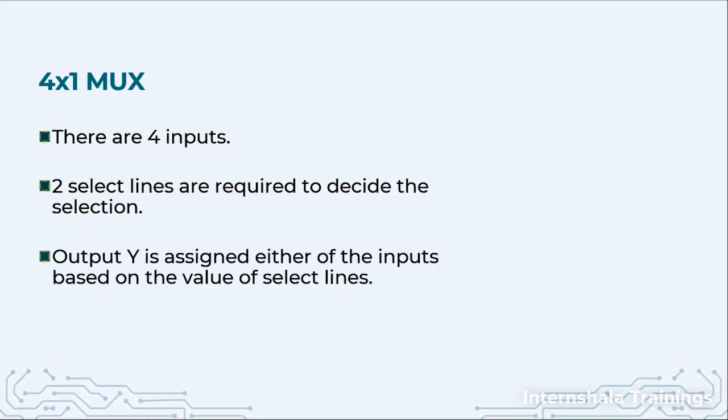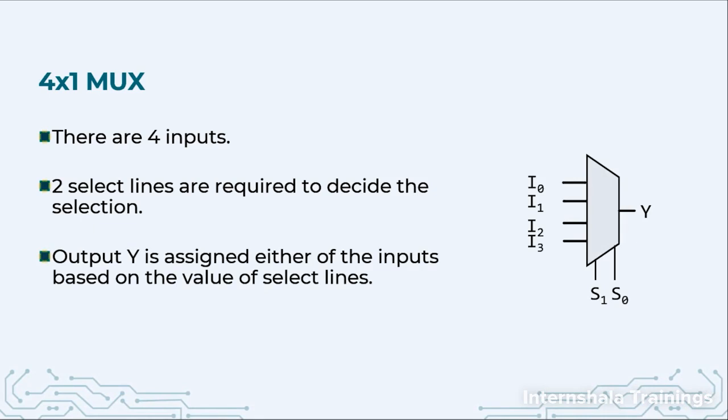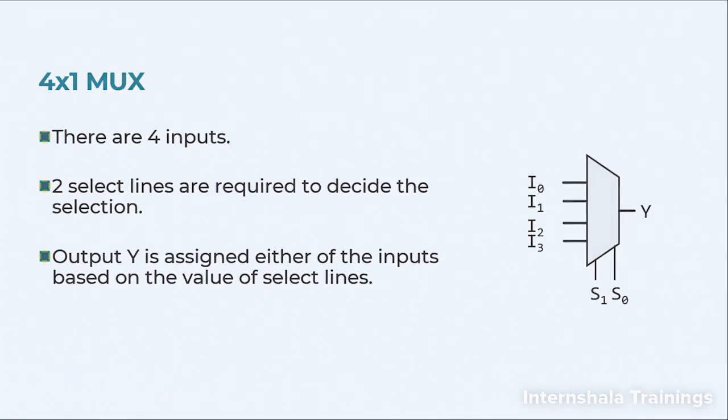So 4x1 multiplexer, the basic idea is same. There are going to be 4 inputs, and for those 4 inputs we need 2 select lines, and y is our output variable. So this is the block diagram. I0, I1, I2, I3 are the 4 input variables, S1, S0 are the 2 select lines, and y is the output.